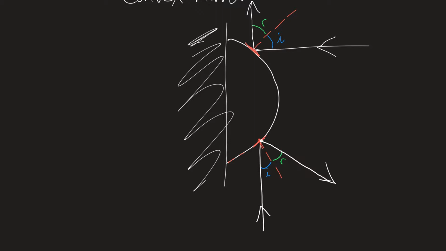Now let's draw one more. Let's say we have a light that's going straight into the middle of our convex mirror. At that point, I think we can say our flat surface looks like that. Our normal line would be right along the incident ray.